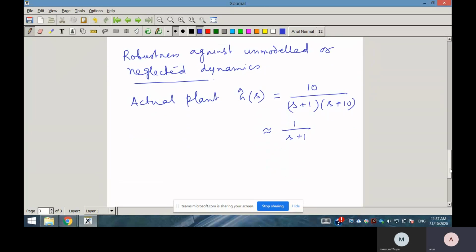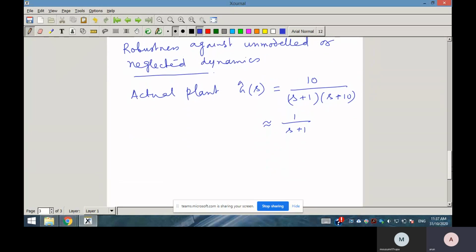This kind of approximation is needed for controller design, because otherwise if you have a very high order plant and do not reduce it to lower order, then the controller order will become more and also controller design will become difficult.